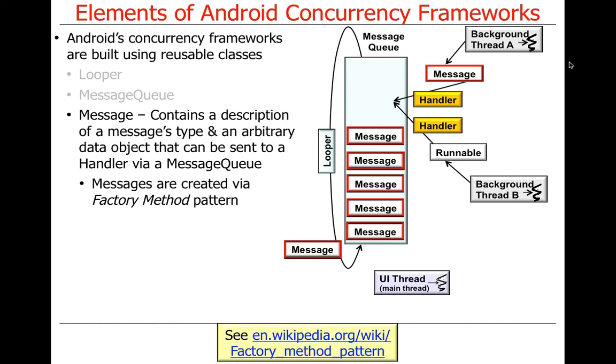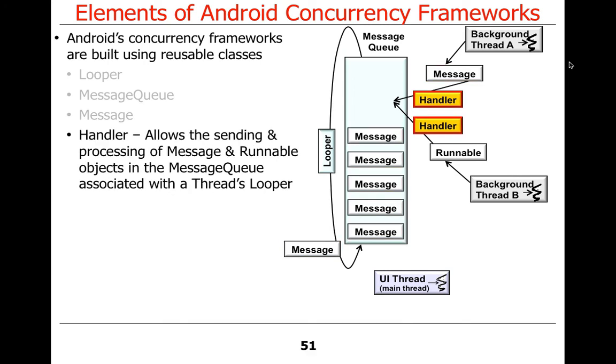And if you recall, malloc has a bunch of free blocks of various sizes, so if you want a 4-byte or 8-byte block, it just grabs one off a free list and says, here you go. Messages are very similar. They have a pool of messages, and you can allocate them very quickly and deallocate them very quickly because they come out of a pool. That also has some really quirky characteristics. If you do not remember that messages come out of a pool, strange things can happen. But we'll talk about that later in the discussion. So the factory method pattern is used to make the messages.